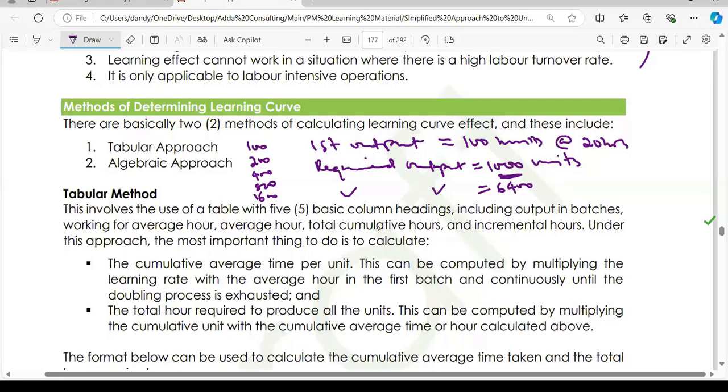Let's check whether the required output of 6,400 units will be in the doubling range. So the first output is 100. I can double 100 to 200. 200 can double to 400. 400 can double to 800. 800 can double to 1,600. 1,600 can double to 3,200. 3,200 can double to 6,400. That means the 6,400 is within the doubling range.